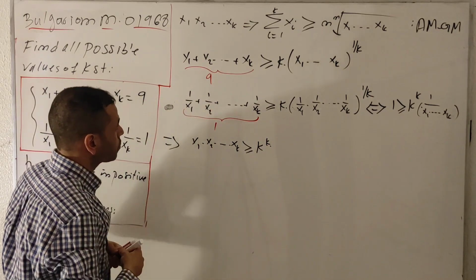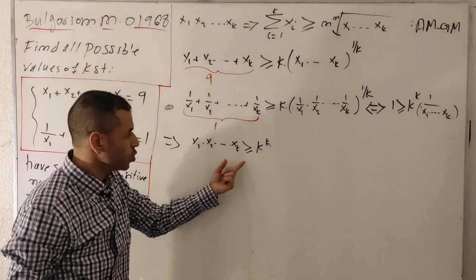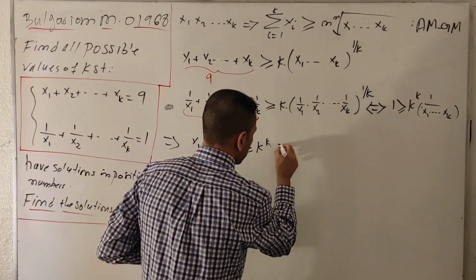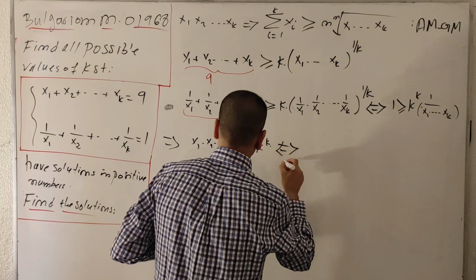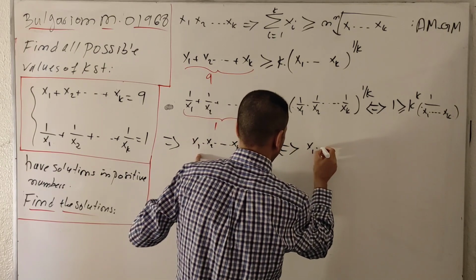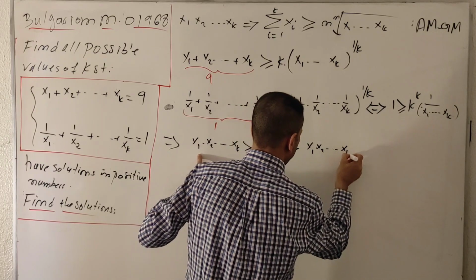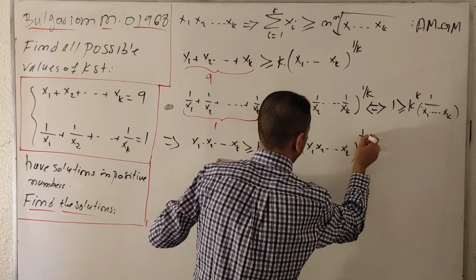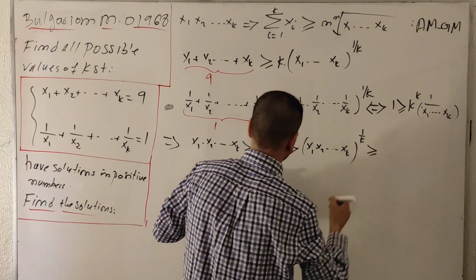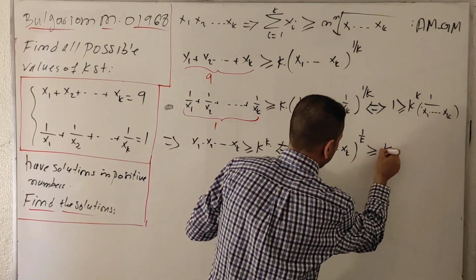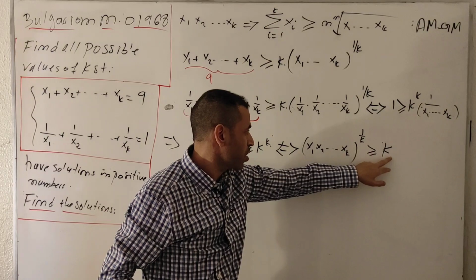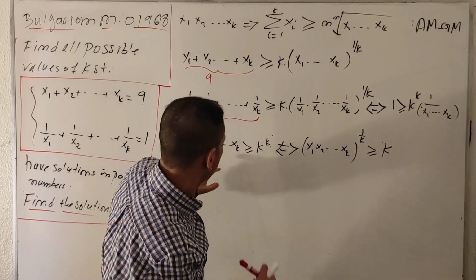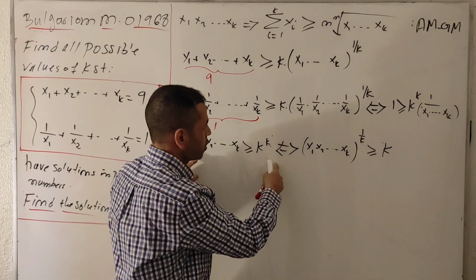The next thing that I'm going to do now is raise both sides to the 1 over k as an exponent. So we'll get here x1 multiplied by x2 and all the way down to xk, raised to the 1 over k, is greater than or equal to k, because this exponent is cancelled down to the number 1 when we raised to the k as a power on both sides.